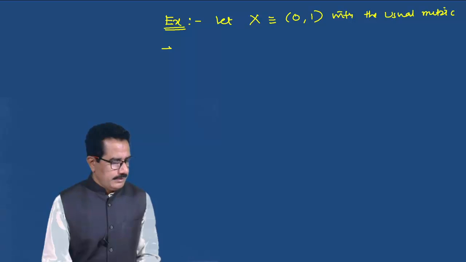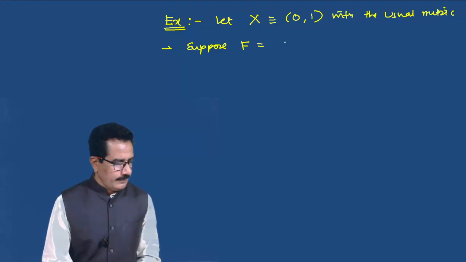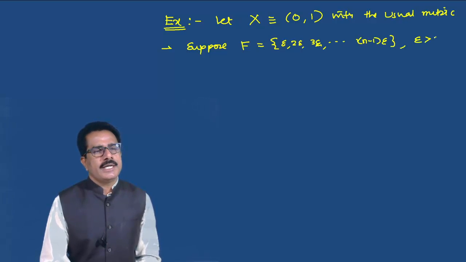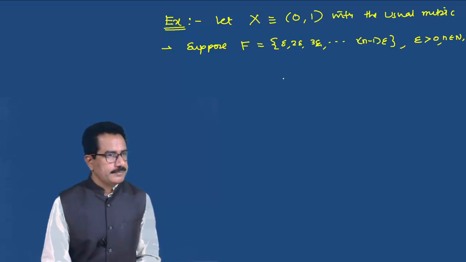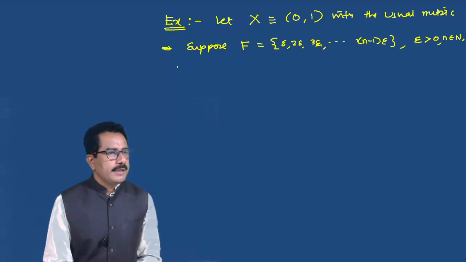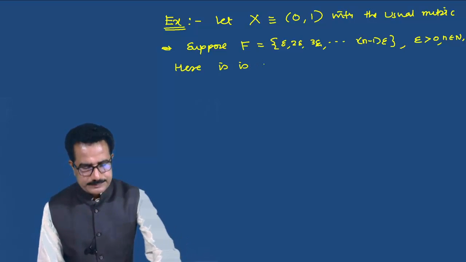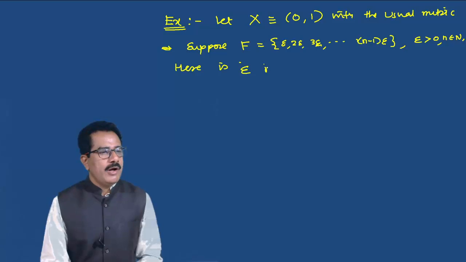So we consider, suppose, capital F equal to the set of epsilon, 2 epsilon, 3 epsilon, up to n minus 1 epsilon, for epsilon greater than 0, n belongs to capital N. See here, F is the epsilon net for capital X.